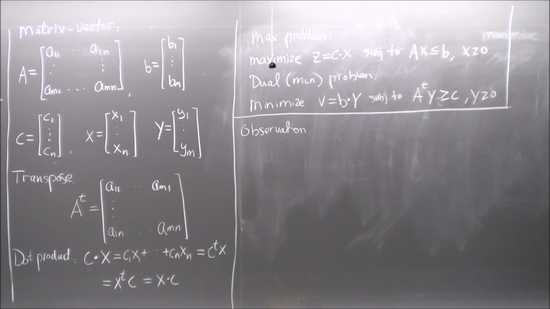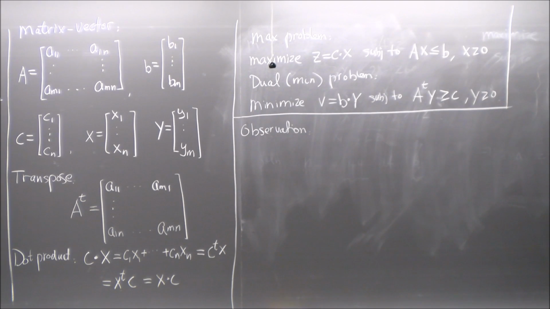We defined the dual right now on top of the problem in a max form. What if I have a problem that is not in a max form? Can I define a dual for it? Another way to ask: if I have a different problem not in a max form, can I put it in a max form? Always, right?